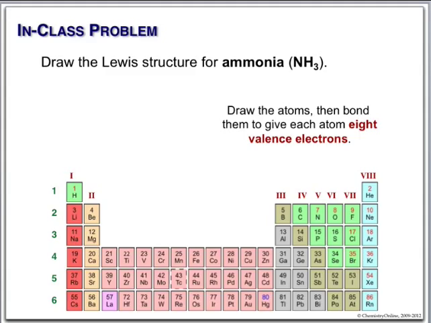Nitrogen is here in group 5, isn't it? So it will have 5 valence electrons. Go ahead and write that. Nitrogen with 5 little dots, 2 of them will be paired up. Hydrogen is in group 1. It has 1 electron. We have 3 of them. Draw little H's around with their single dot.